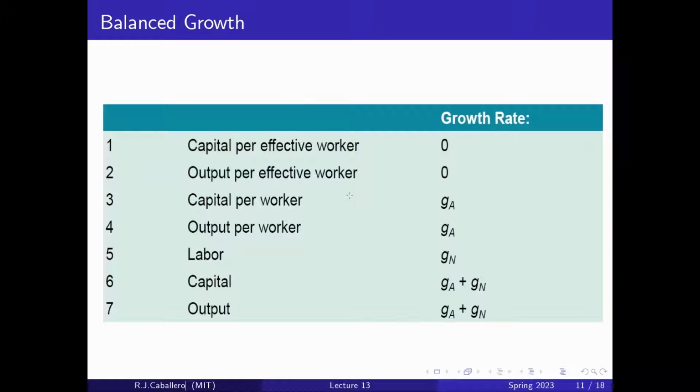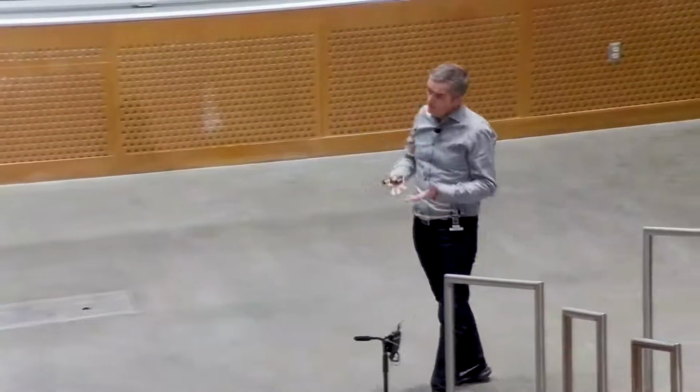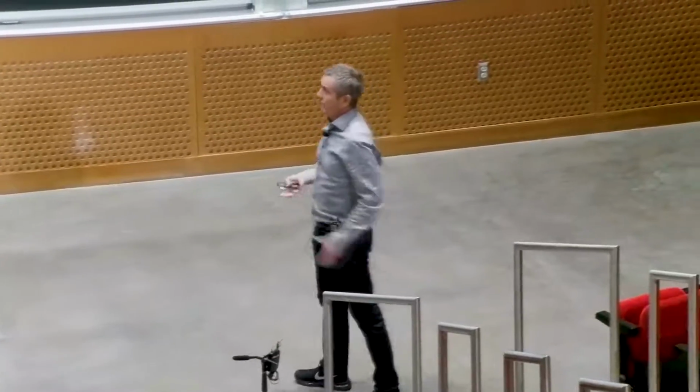So this is the reason GA is such an important variable. What you guys do here at MIT is very important. Afterwards, it's very important. That's the only thing that can drive growth in the long run, in per capita terms. GN also plays a role. When you look at countries, you tend to look not only at growth in per capita output, but at total growth.